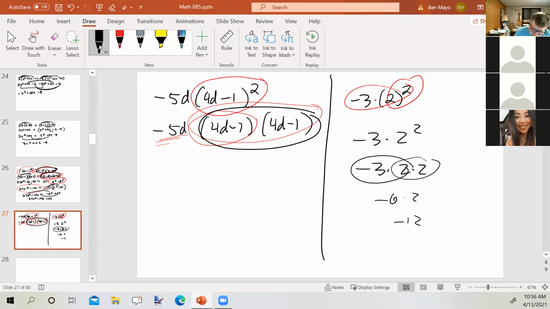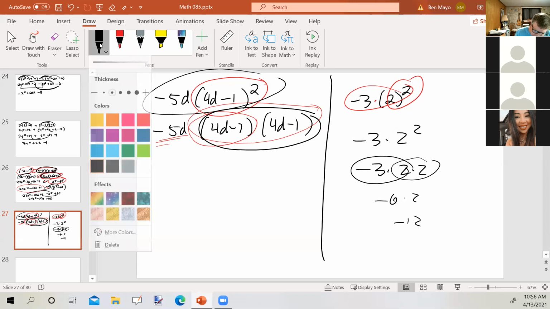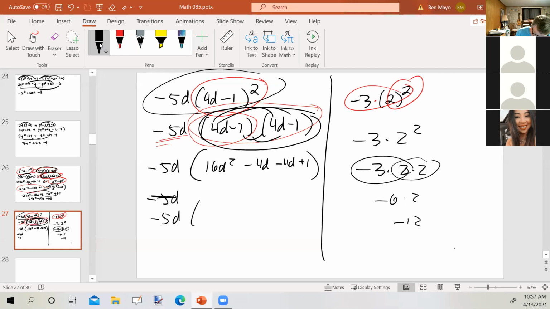But I have a choice here, but I don't have a choice up here. I've got to do the exponent first. So now I've got negative 5d, and then this is going to give me what? 16d squared minus 4d minus 4d plus 1, negative 5d times 16d squared minus 8d plus 1.